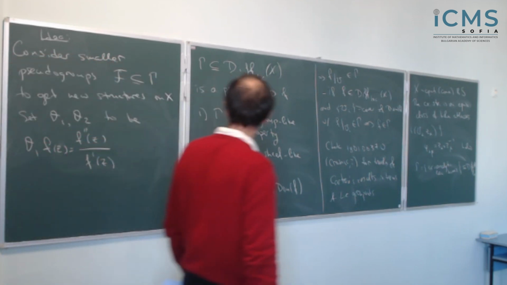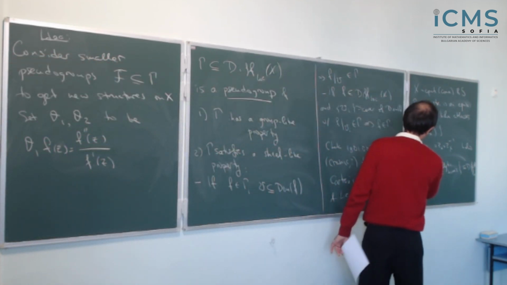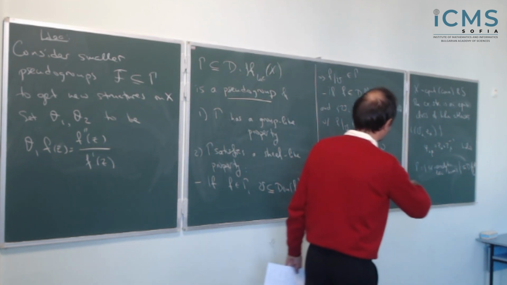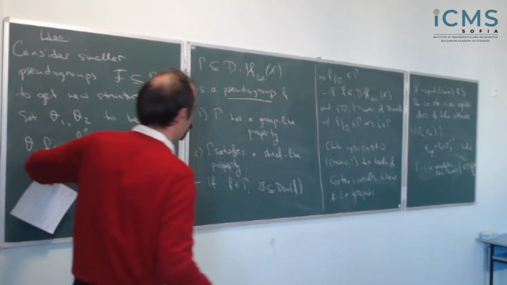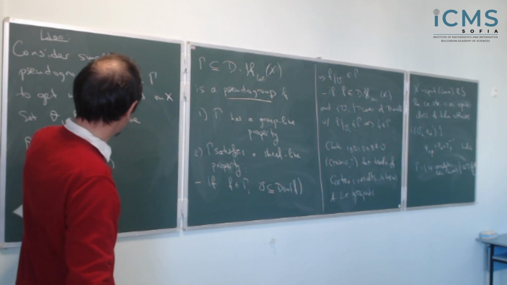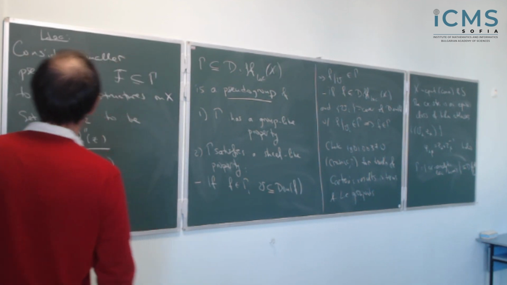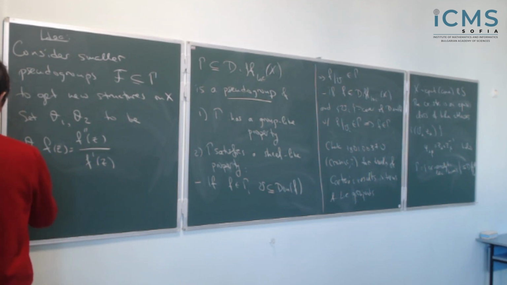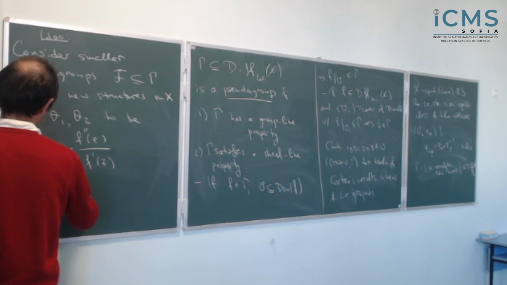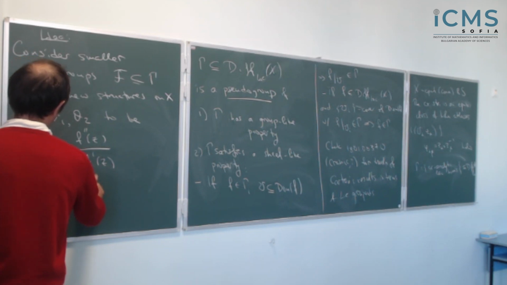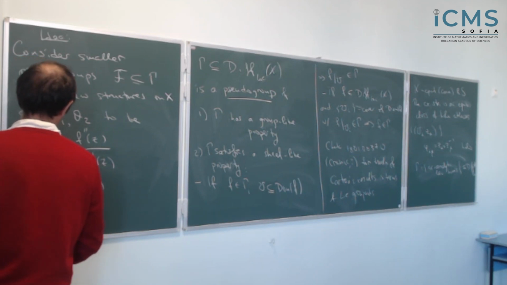Since we'll be working with functions that are in gamma, these f's will have nonvanishing derivative, so we won't be having trouble with dividing by this. And theta 2 of f of z would be essentially the Schwarzian derivative of f, right?